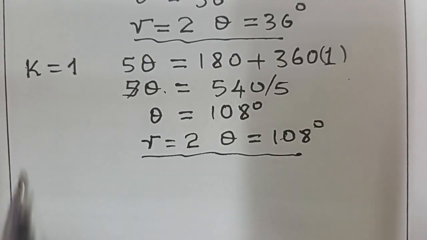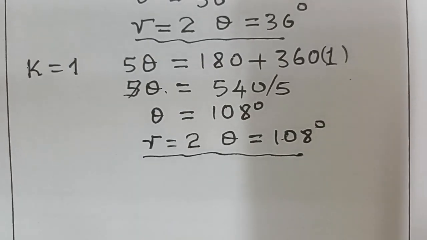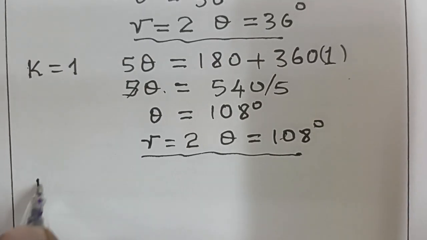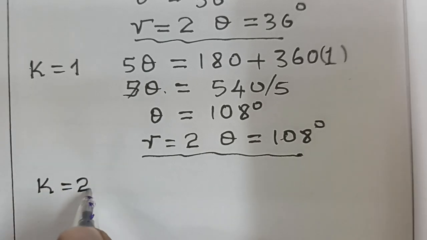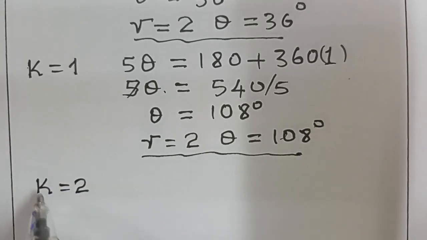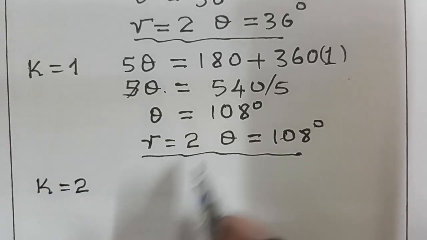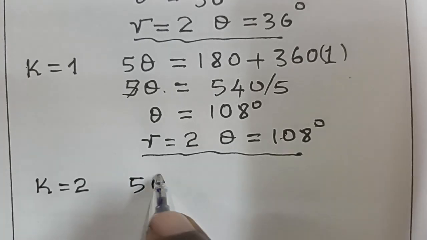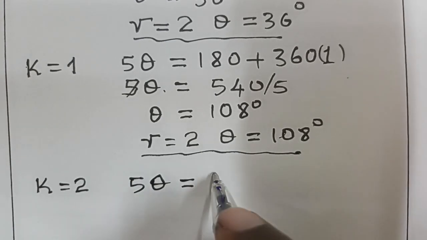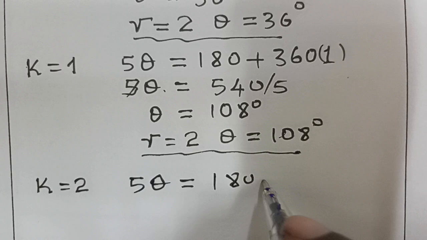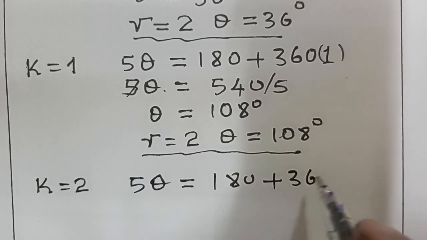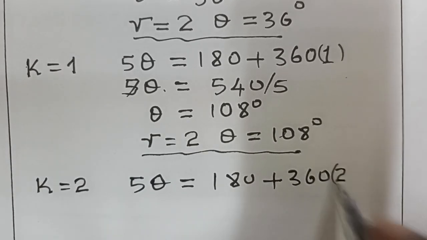We come now to our third solution, which is k equals 2. That gives us 5 theta equals 180 plus 360 multiplied by 2.